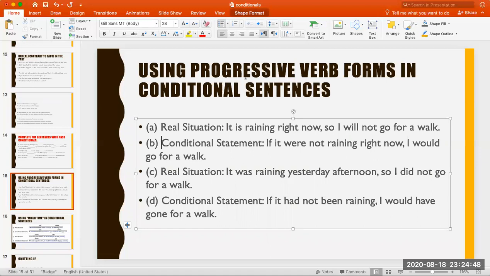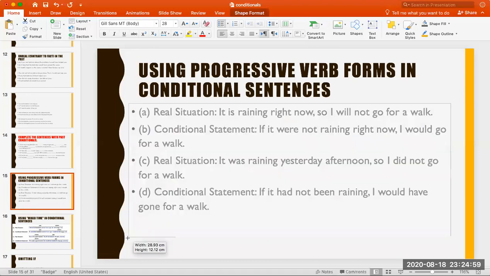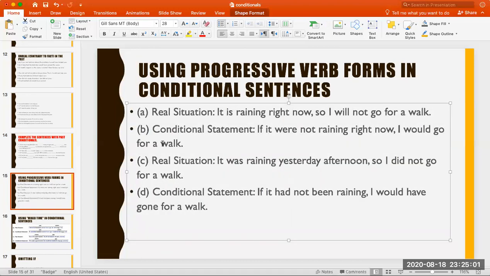Now, using progressive verb forms in conditional sentences like was going, am going, etc. This happens also. It's not uncommon. In a real situation like this, it is raining right now, so I will not go for a walk. Remember, if you use if, you usually do the opposite of what is happening or what happened. So it is raining; if it were not raining right now.